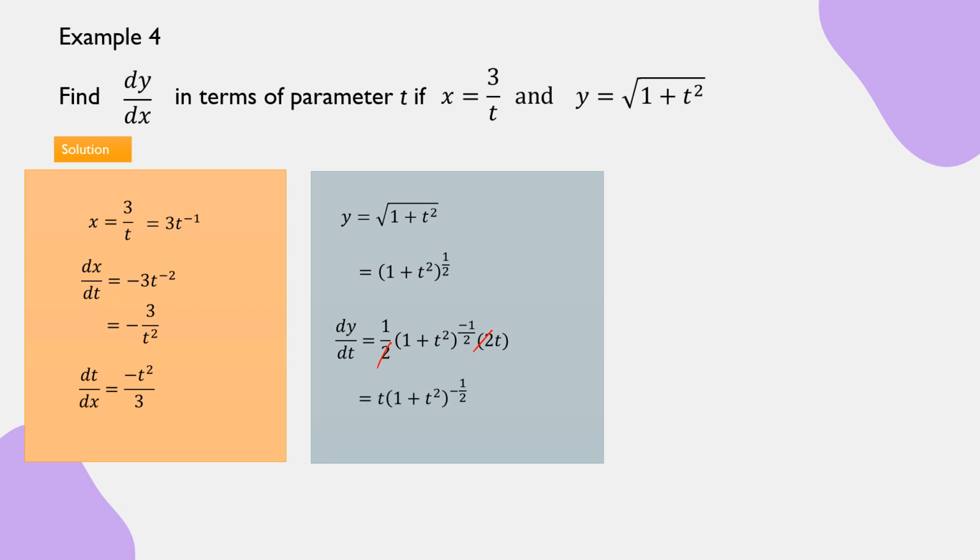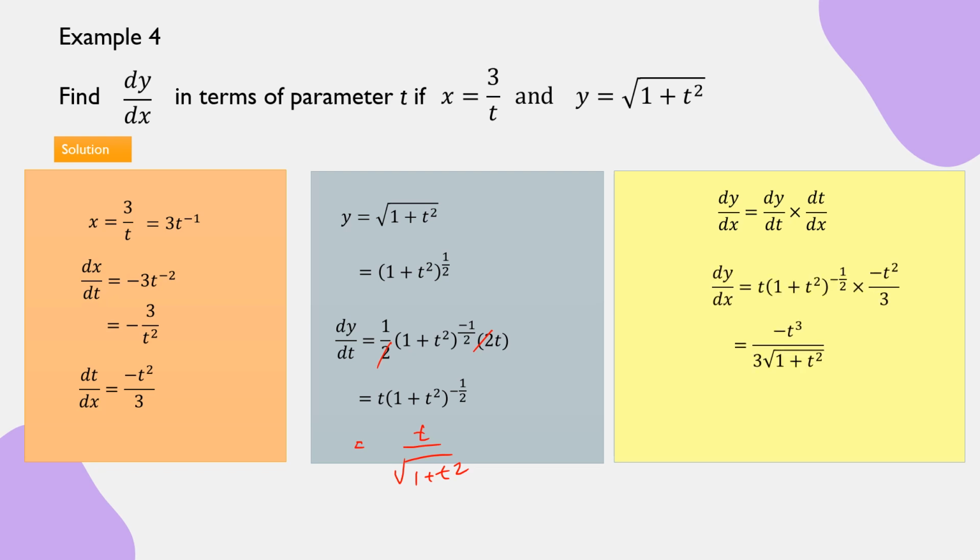So we get t times (1 plus t squared) to the power of negative 1 over 2, which we can write as t over the square root of 1 plus t squared. Okay, dy/dx equals dy/dt times dt/dx.